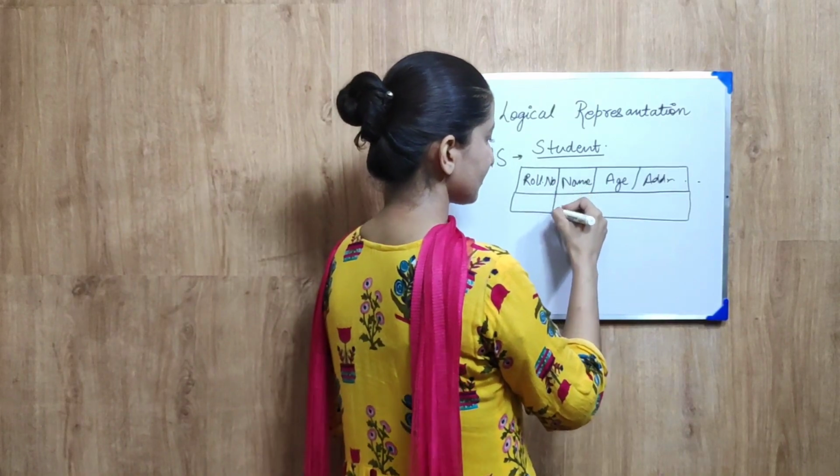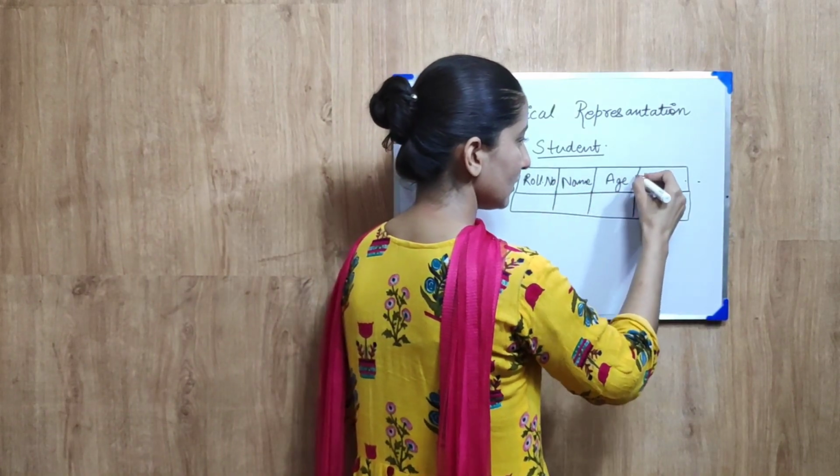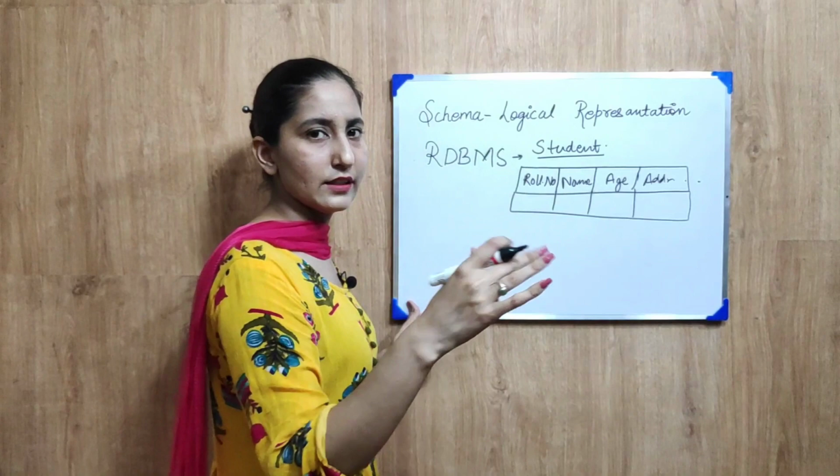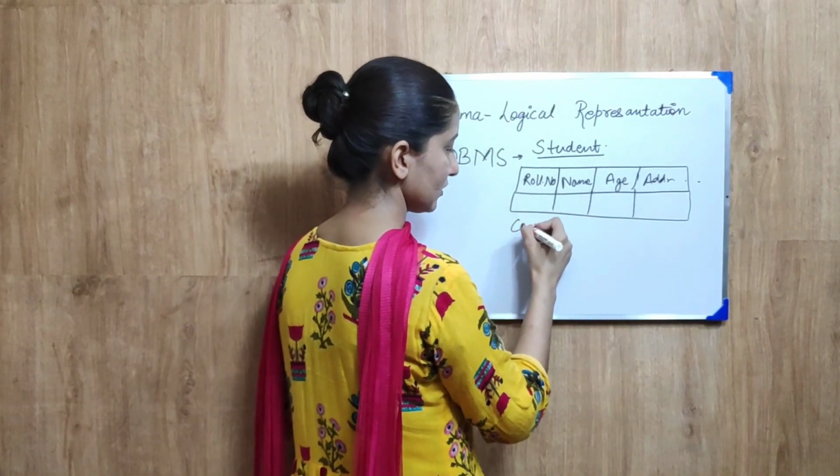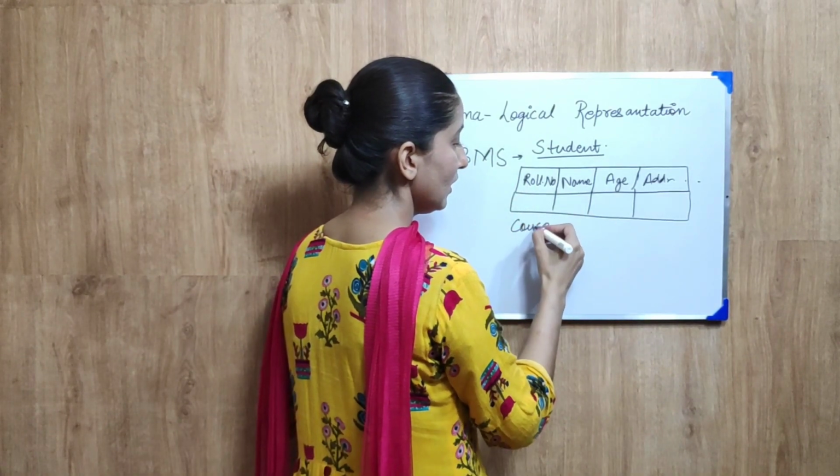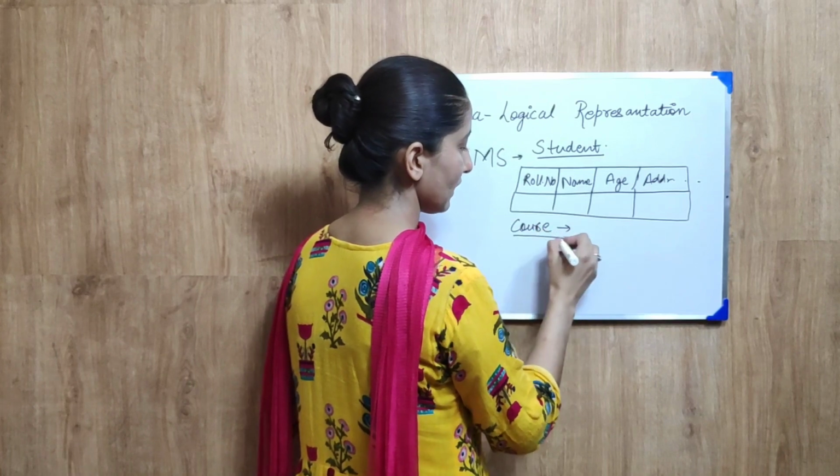Let's take another example of an entity, a course. Suppose there are multiple courses in a university.